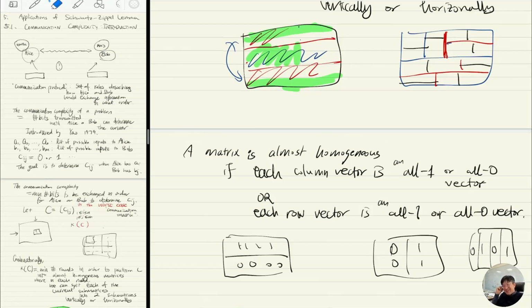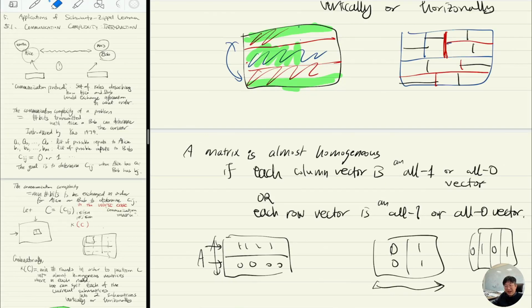Why is this matrix useful? That's because if we have such a matrix as a communication matrix, then at least one of the 2 people, Alice or Bob, already knows the answer. In this case, Alice knows the answer because Alice knows where the input is. She knows the location of the row, and then the answer is the same. In this case, Bob knows what the answer is.